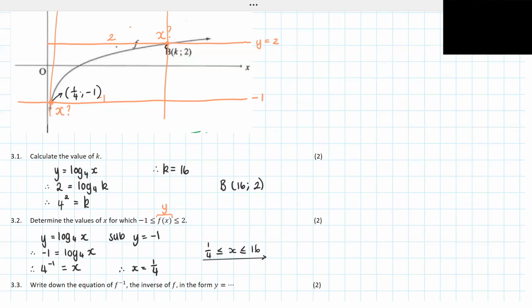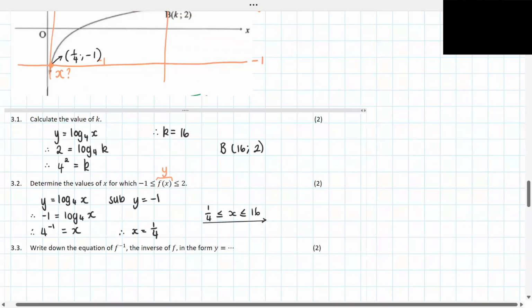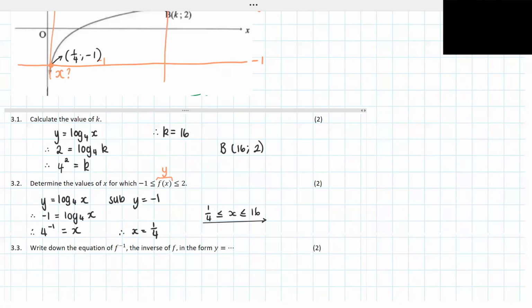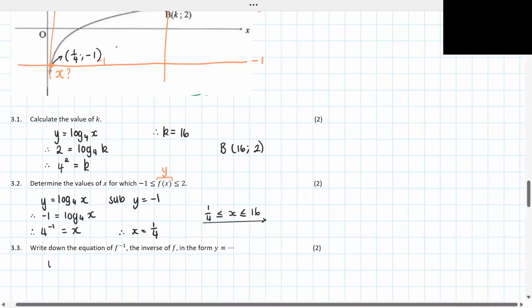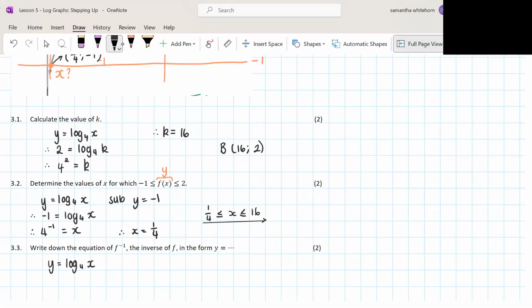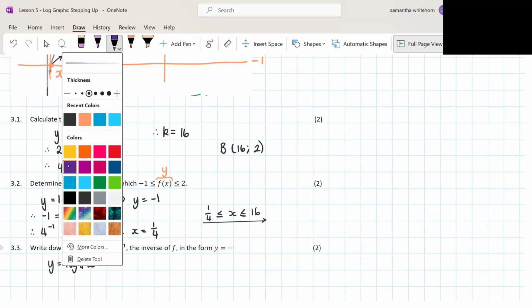Right, 3.3 is asking for the equation of the inverse in the form y equals. Now remember, we were given the log graph, which means the inverse is an exponential graph. So 60 seconds, give me the equation of your inverse. And remember, if you're feeling a bit confused about your rule, start by swapping x and y, and then you can apply the rule. I will rewrite the rule for you as well.